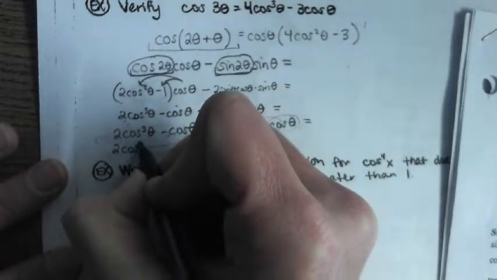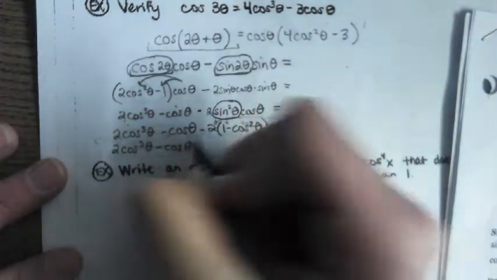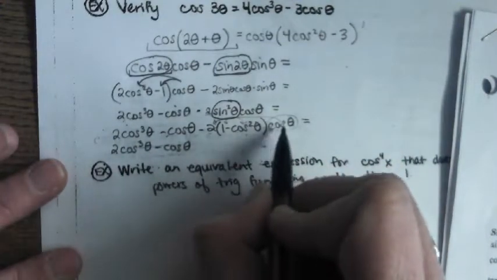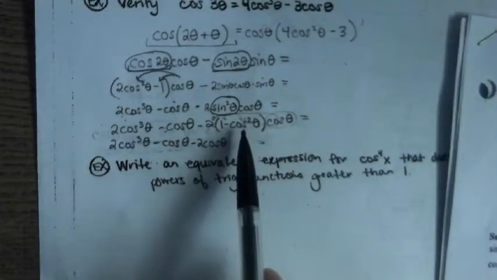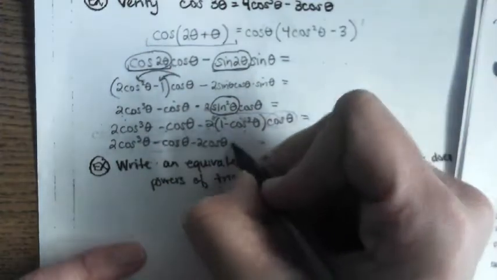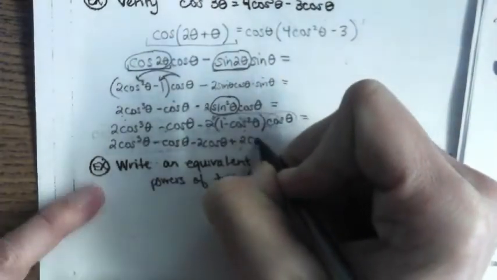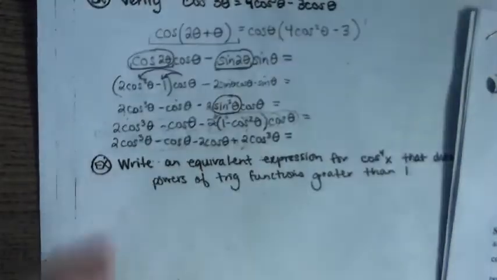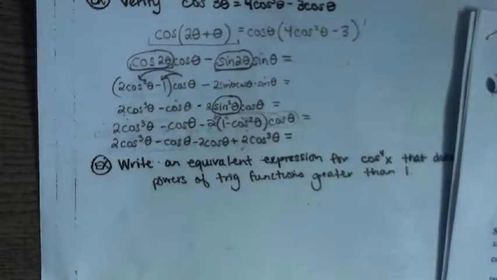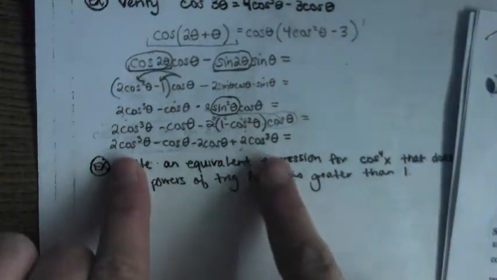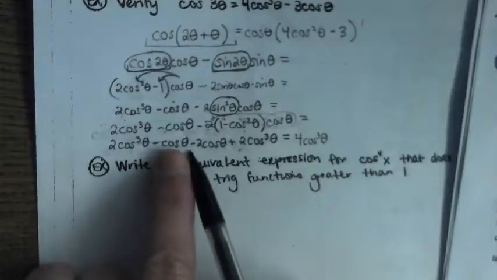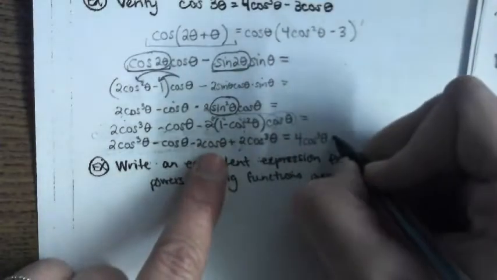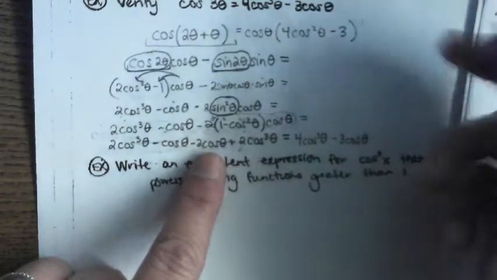So the 2 cosine cubed theta stays, minus cosine theta stays, and then I'm distributing my negative 2 cosine theta to the 1 and my negative 2 cosine theta to the negative cosine squared, which is going to turn into plus 2 cosine cubed. And then I'm just going to combine like terms. So I have 2 cosine cubes and 2 cosine cubes, which makes 4 cosine cubes. And then a minus cosine theta minus a 2 cosine theta, which is going to be minus a 3 cosine theta. And then I'm going to undo the fact that I factored that side.